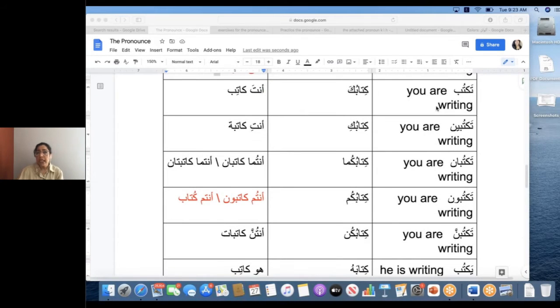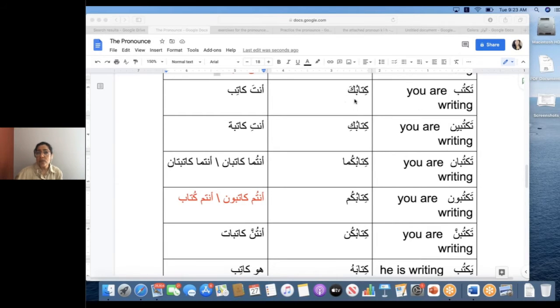تكتب. This with أنت. أنت تكتب. So if I am addressing my talk to the singular masculine Brandon, I'm going to tell him أنت تكتب. So what I add at the beginning.